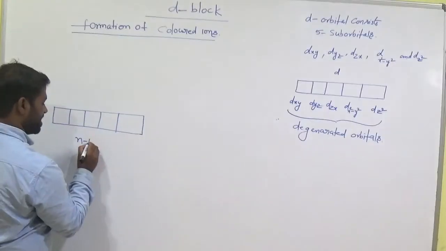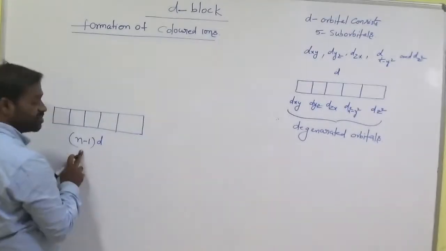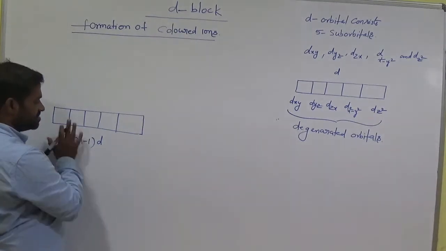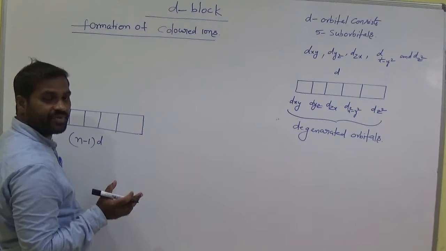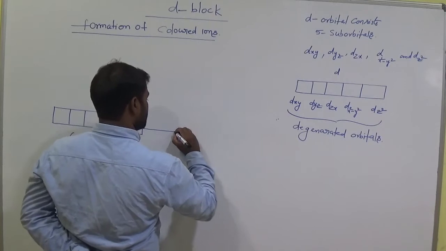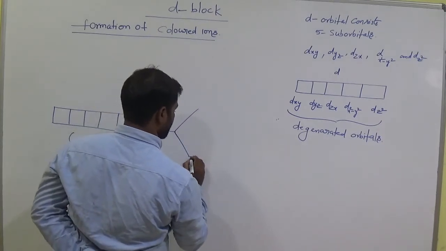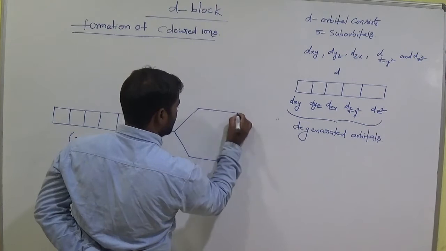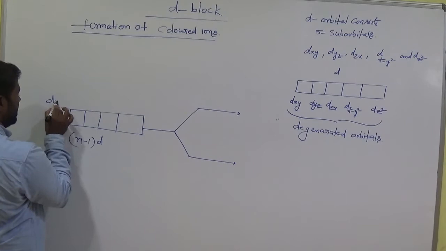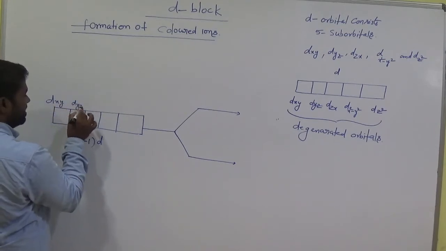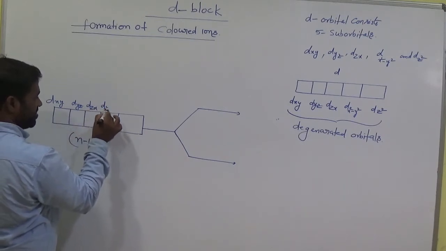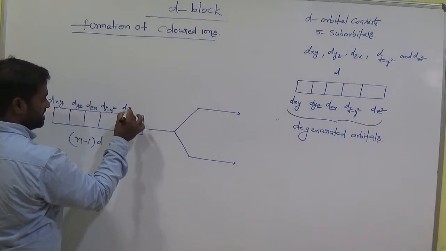Now this is n minus 1 d. Suppose n is equal to 4, 3d. N is equal to 5, 4d. These are the 5 suborbitals of d. Now these orbitals undergo splitting. This is dxy, dyz, dzx, dx square minus y square and dz square.